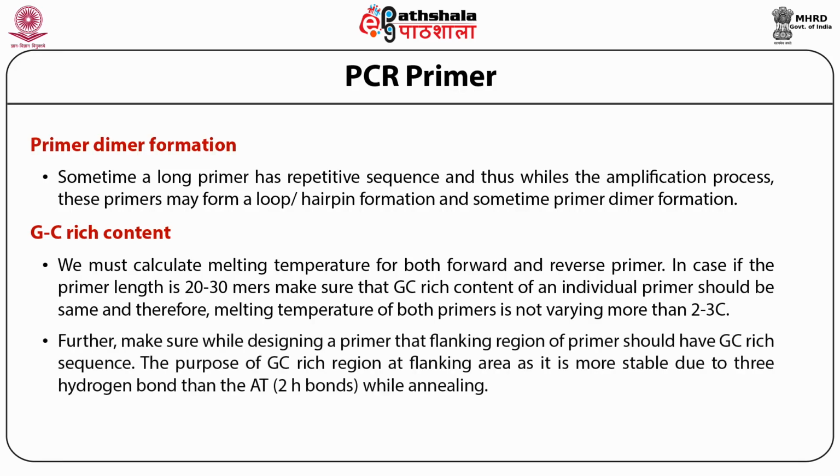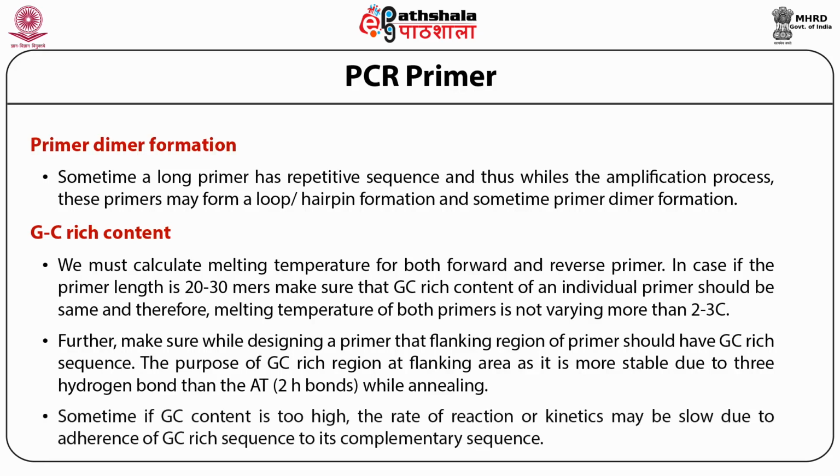Further, make sure while designing a primer that the flanking region of the primer has a GC-rich sequence. It will also provide stability while annealing. Sometimes if the GC content is too high, the rate of reaction or kinetics may be slow due to the adherence of the G-C sequence to its complementary sequence.